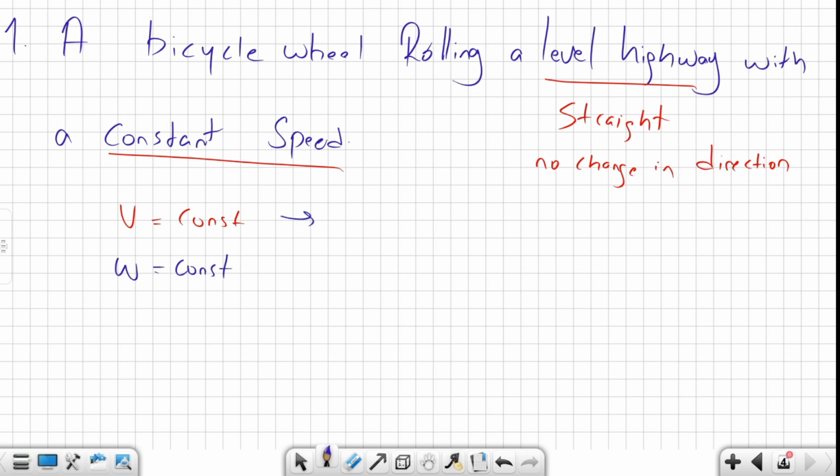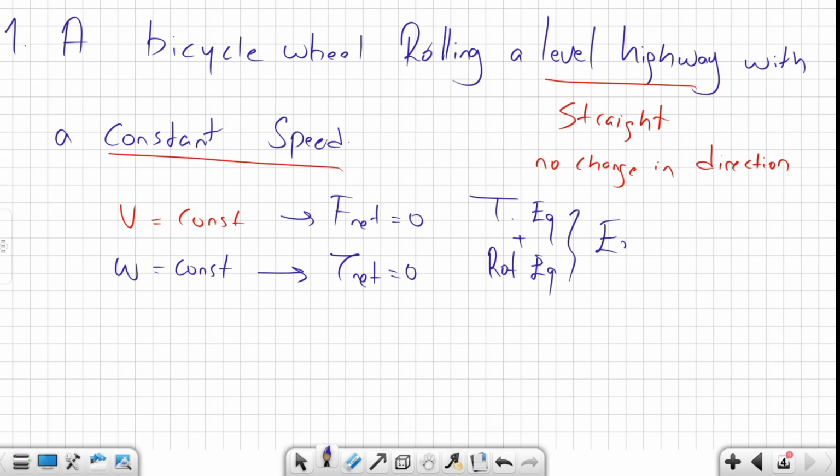Because V is constant, net force is equal to zero. Because of omega being constant, net torque will also be equal to zero. Since net force is equal to zero, the object is in translational equilibrium. Since the net torque is equal to zero, the wheel is in rotational equilibrium. Since we have both, it is in complete equilibrium or simply equilibrium.